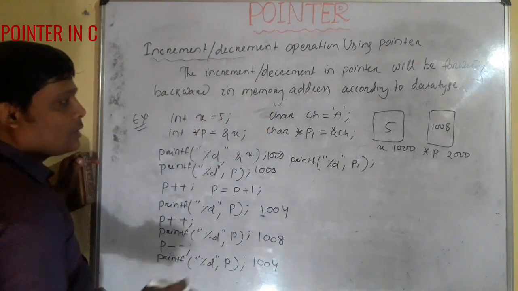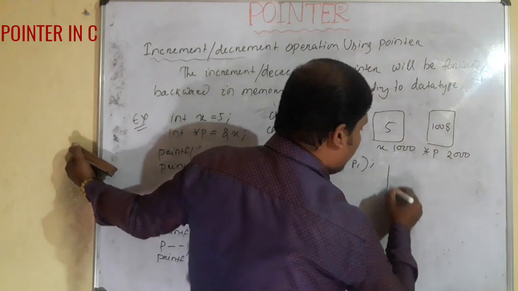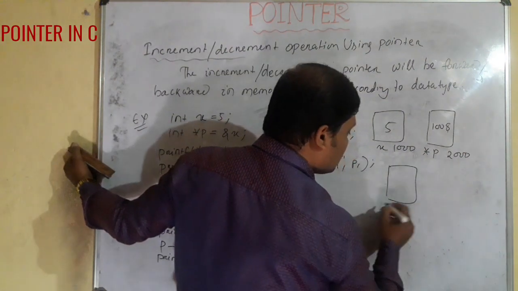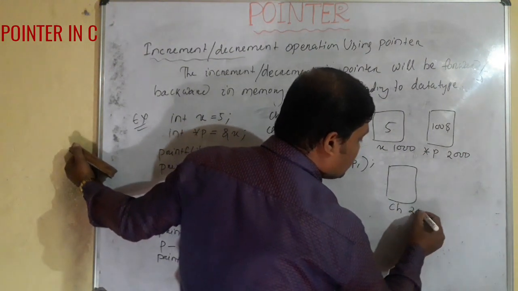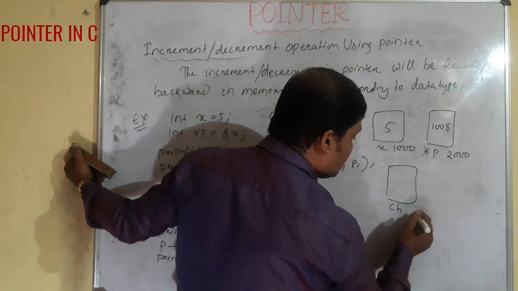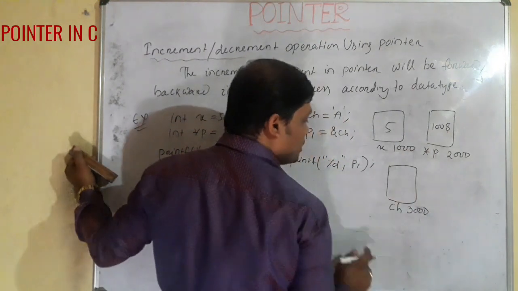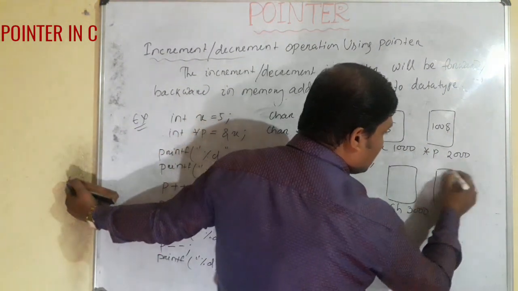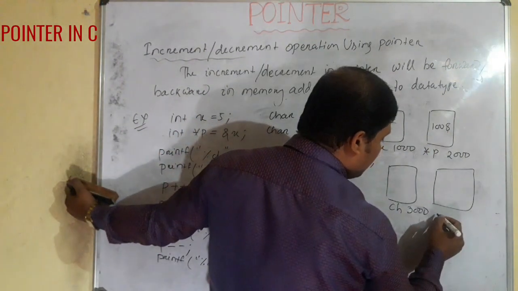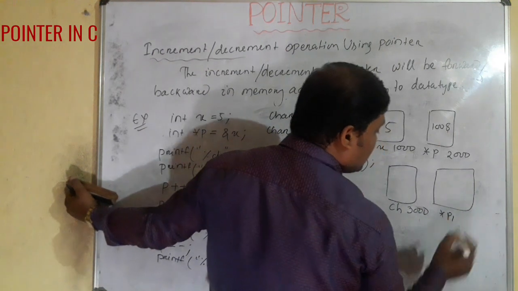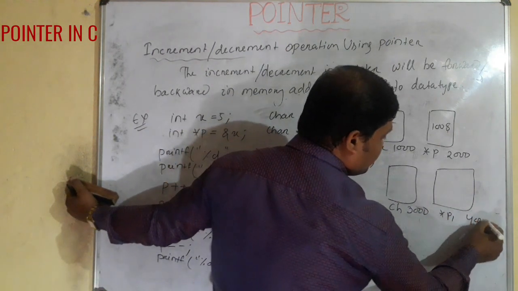What will it print? Suppose the address of the character variable is 3000, since I have already used 1000 and 2000, and this character pointer p1 is at, suppose, 4000.